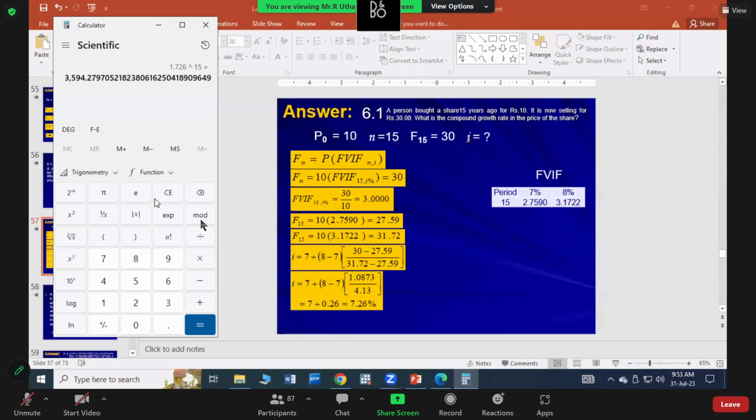That's wrong. 1.0726 to the power 15. There's an error, no?